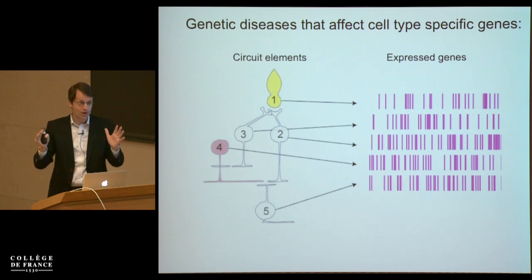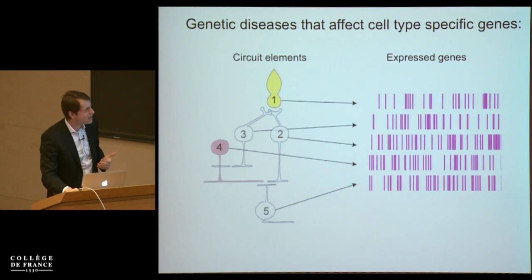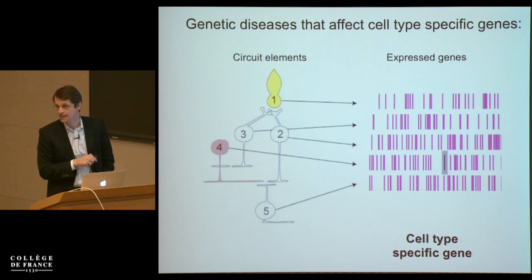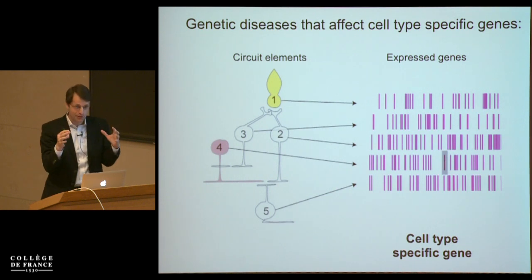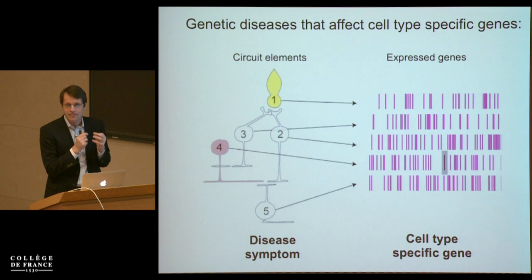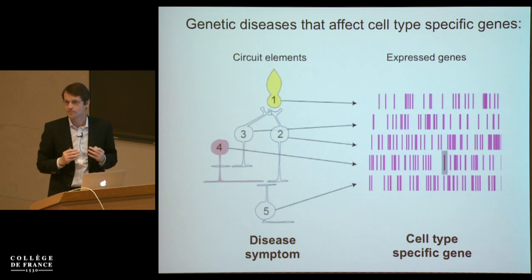So all of us are actually mutant for some proteins, but some of us are unlucky, and if we hit cell type specific genes, what we expect, if the gene is important for the function of the cell, and the cell is important for the circuitry and the behavior, is that there will be a disease symptom somewhere where the computation will not function.